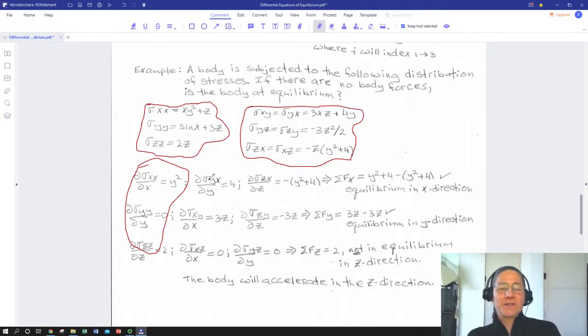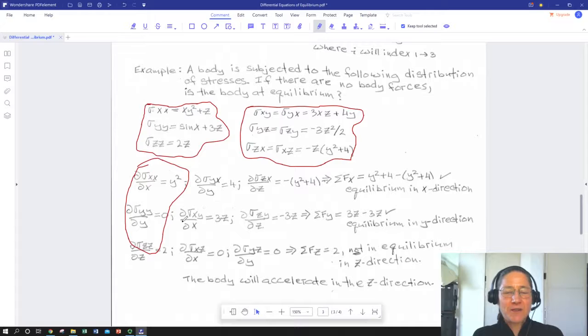So first derivative of our shear on the y face in the x direction with respect to y is going to be this term as a constant, and we'll just get 4. We're going to end up having to take that derivative with respect to x for our y equilibrium, and in that case we'll end up with the 4y term as a constant, and we'll just end up with 3z. Likewise, continue with basically the mixed partials and get expressions for our derivatives for the shear expressions.